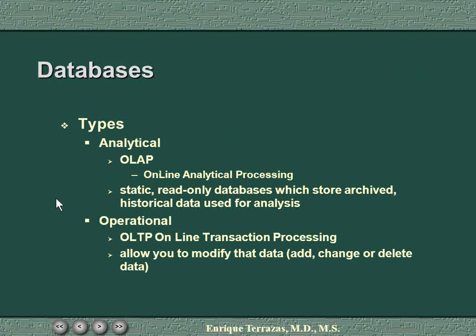And in fact, when AP first implemented COPATH, the analytical and operational were on the same server. So whenever they would try to run a big report, it would slow things way down for people trying to enter their cases in there. So they finally had to separate these two servers and run reports on a different server.